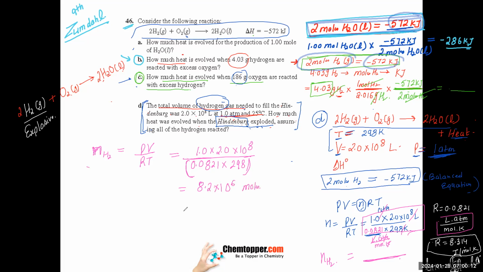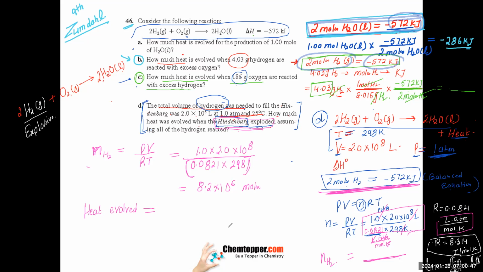So we do have the moles of hydrogen and we know this ratio. Now you plug in to know the heat evolved, the amount of heat liberated during the explosion of the Hindenburg. You can watch the video of the explosion of the Hindenburg in the air. It's there on Wikipedia. It's a very popular event. Of course, it was not a good thing, an unfortunate incident, but it's big chemistry.